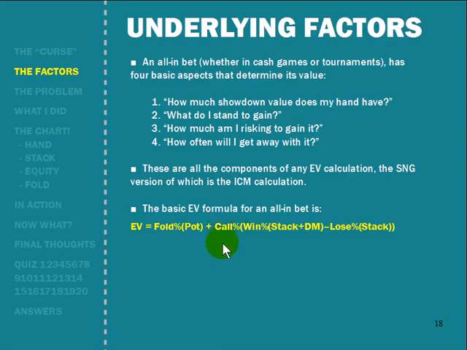And when he calls, you're going to get into this following situation where either you're going to win, and when you do win, you're going to win the amount of your stack, or the effective stack, because whoever's shorter is the amount of the stack that we're going to win. Because if we're short, we're going to double up, or if the other guy's short, we're going to win his stack. So we're going to win the amount of the effective stack plus any dead money. And sometimes we're going to lose, and when we lose, we're going to lose the amount of our stack, or the effective stack.